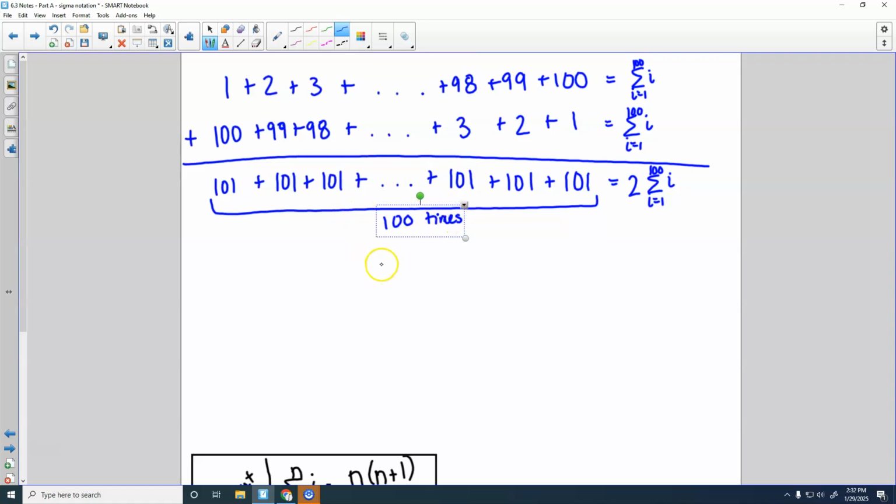So this would be equivalent to 101 times 100, which would equal twice the sum from 1 to 100, right? So 10,100 would equal 2 times the sum from 1 to 100.